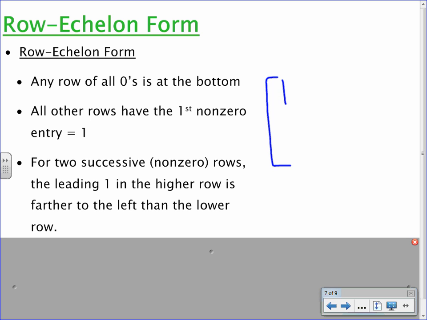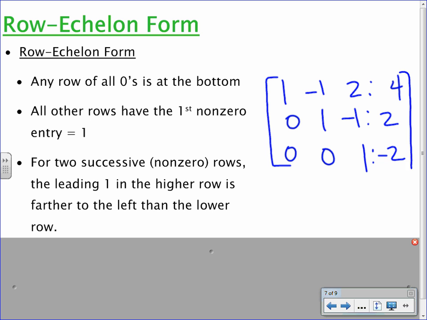You have a diagonal of 1s with zeros in front. This is row echelon form. We have this diagonal of 1s that starts in the left corner, and to the left of that diagonal of 1s we have zeros.